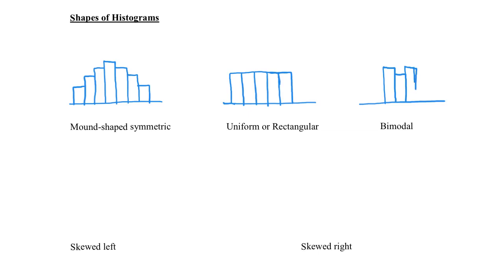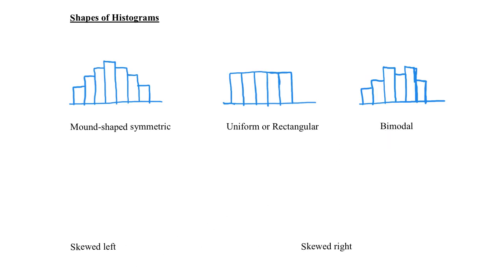Let's go like this. And, you know, other than that, you can have other things here. But something like this. And this is not a great drawing, but remember that these will be uniformly spaced. So in reality, these bars would be the same thickness. So we got mound-shaped symmetric, uniform or rectangular, bimodal.